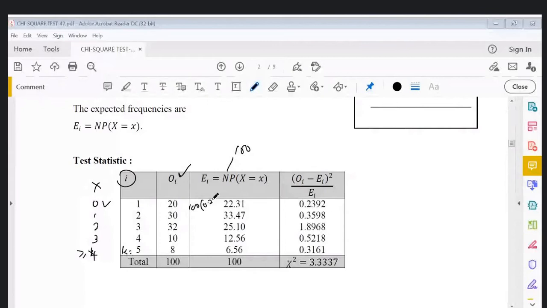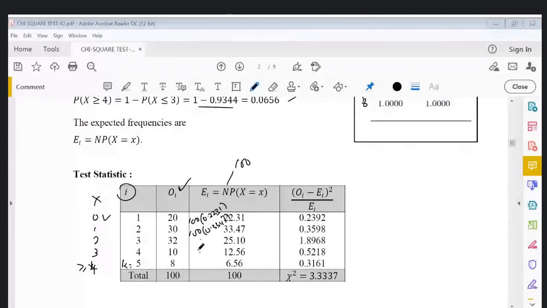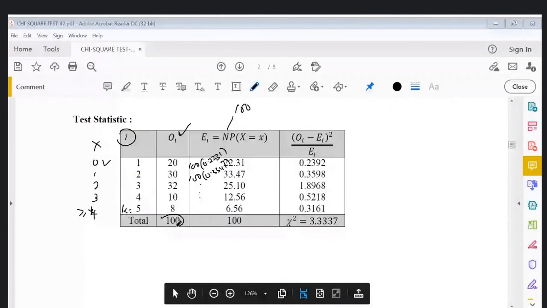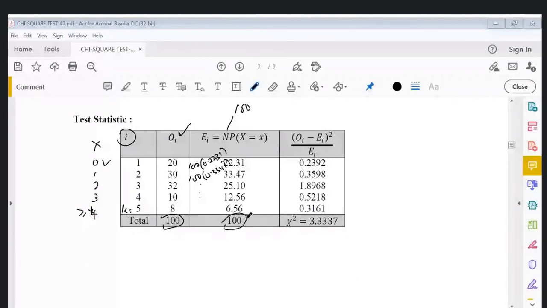We can continue the calculation the same way. Make sure the total of observation is 100 and the total of expected is the same. If this one is not the same, you must check. If you get 100, your calculation is correct.